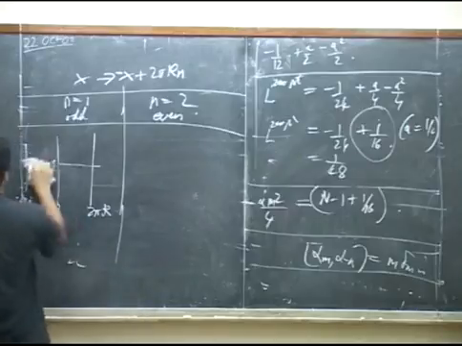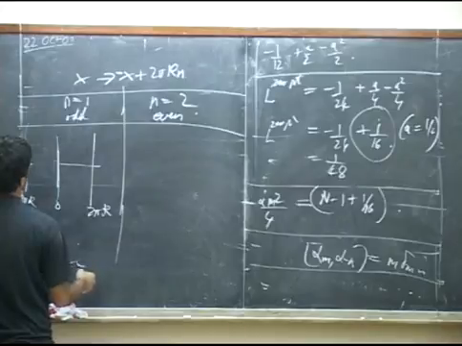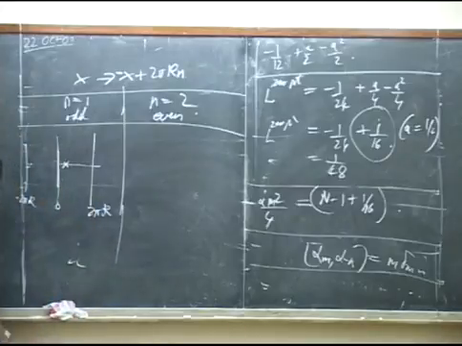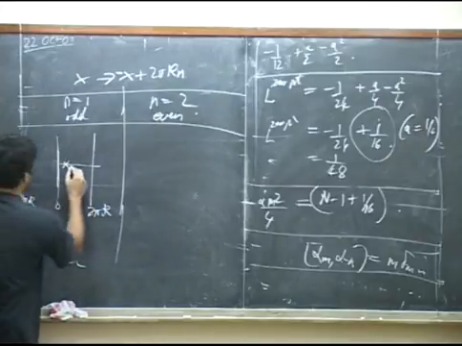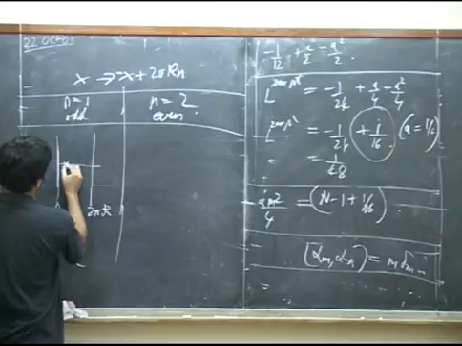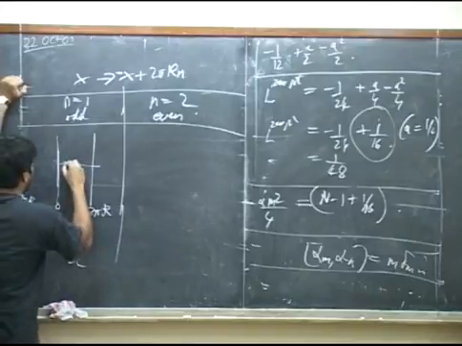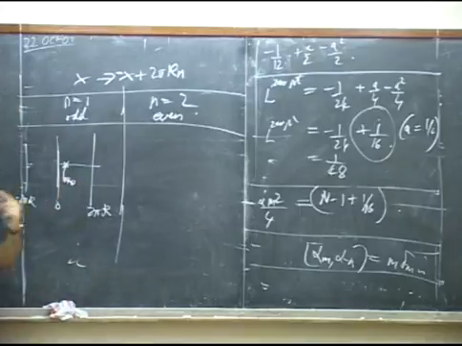I started with some value of x, let's say here. Then I go back, I go from there. This is where sigma equals 0 is on my worksheet.